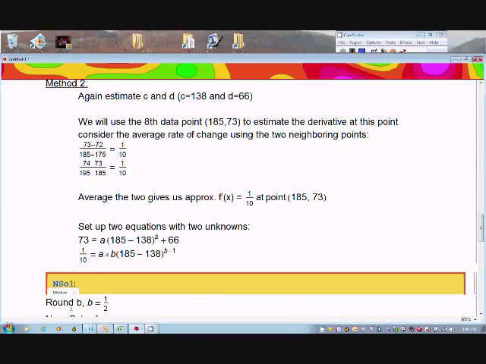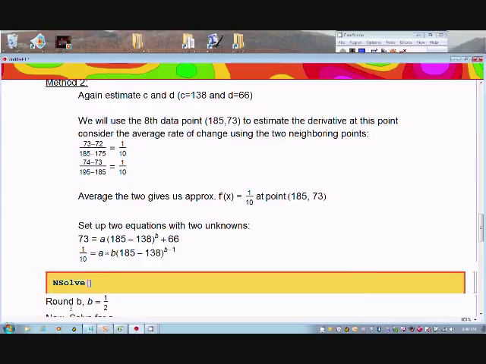So we use the NSolve command, and we use our two equations. So 73 equals a times 185 minus 138 raised to the b power plus 66.